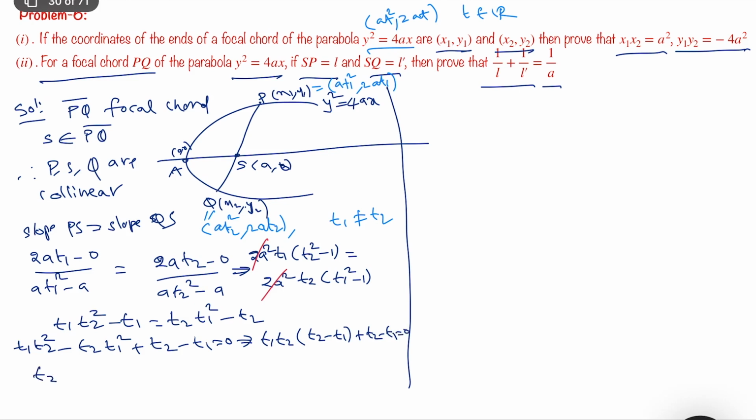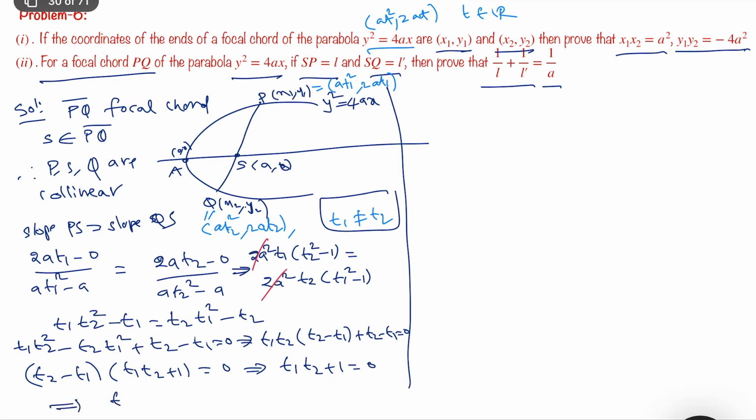Again, if I take (t2 − t1) common, then we have (t2 − t1)(t1t2 + 1) = 0. Since we know t1 is not equal to t2, we must have t1t2 + 1 = 0.